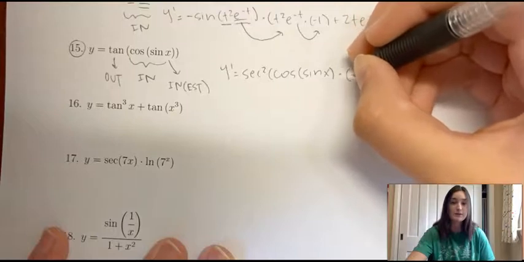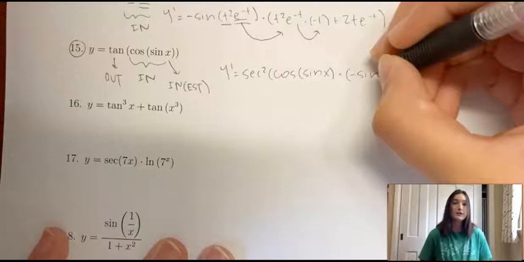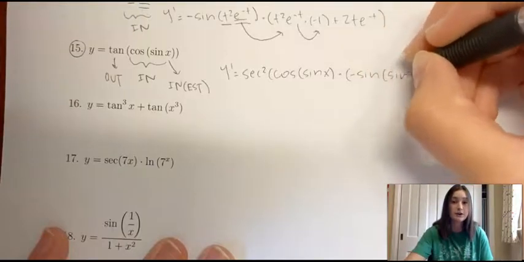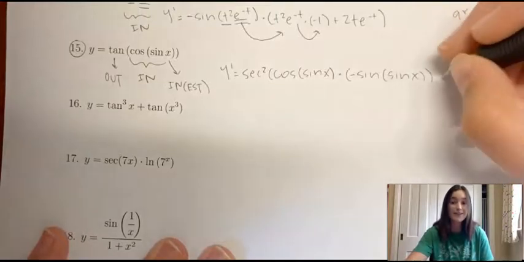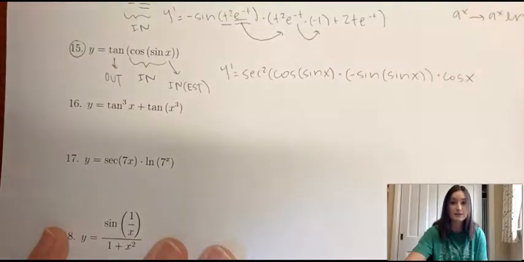And then when you multiply by g prime of x, remember that the outer function there is the cosine. Co means negative, so you've got negative sine of the g of x, which is the innermost function sine x. And then you've got one more step to do. You multiply by that innermost g prime of x. So in this case, it's going to be cosine of x.